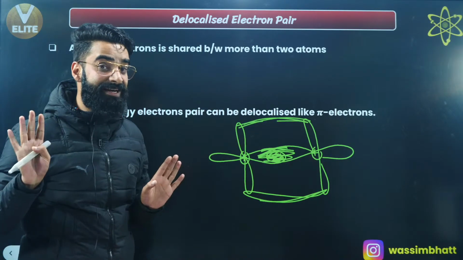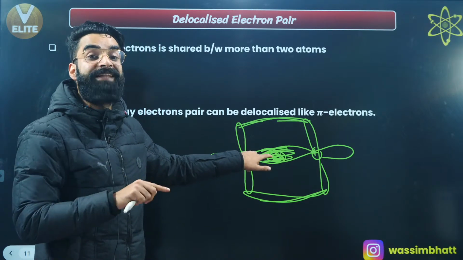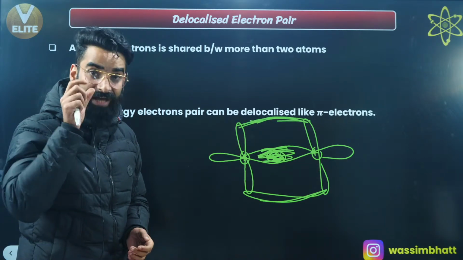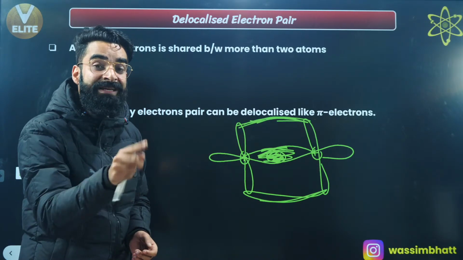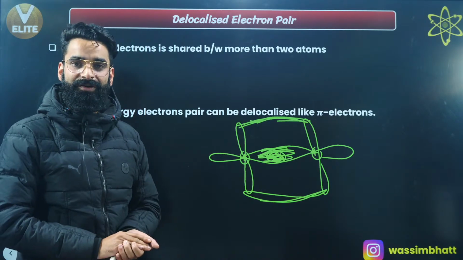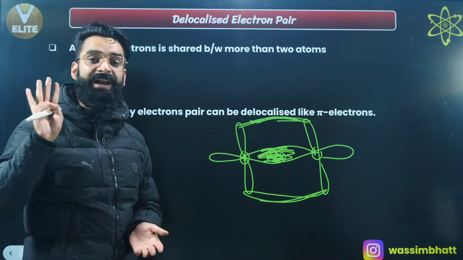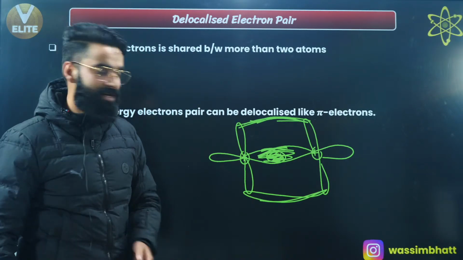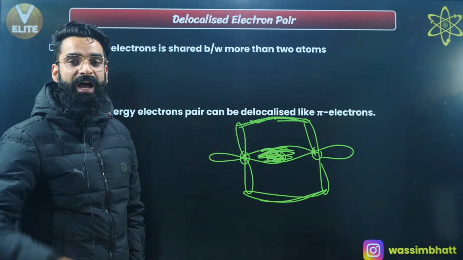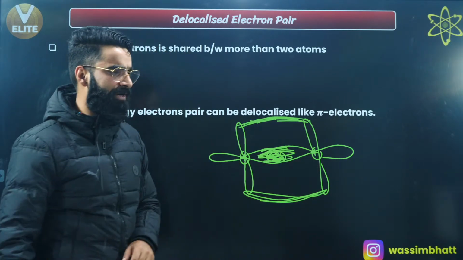The force experienced by the sigma electron density is more than the force experienced by the pi electron density. The electron density which experiences more force of attraction will have less energy, and the one which experiences less force of attraction will have more energy. So among sigma and pi electron density, pi electron density will have comparatively more energy.